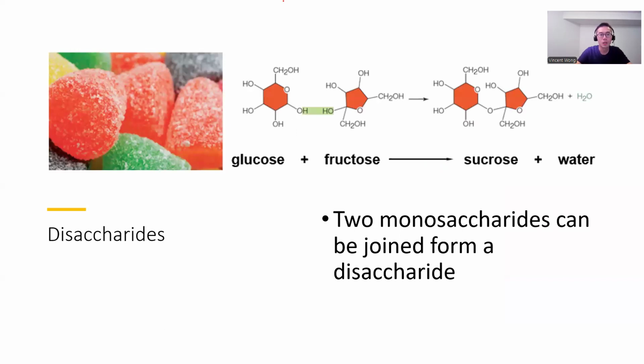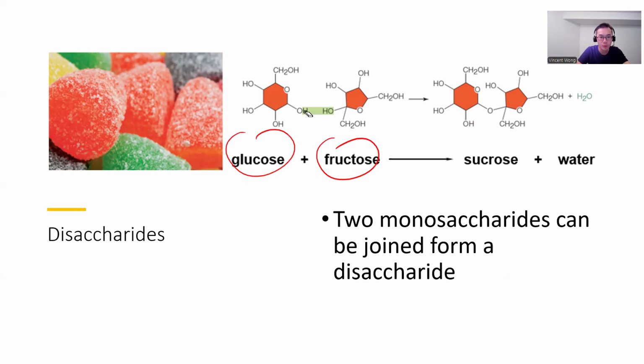All right. So glucose and fructose are monosaccharides. They are single sugars, right? So they're single and they're ready to mingle. They can come together. You can connect them together through a dehydration or condensation reaction.